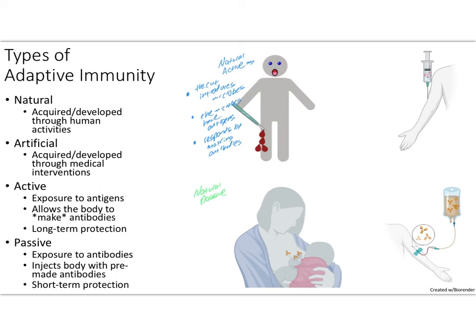So during natural passive immunity, either during fetal development or during breastfeeding, the mother's body makes antibodies and passes those antibodies off to the infant. So this differs from active immunity because in active immunity, the baby's body would be exposed to the antigen and respond by producing the antibody. Instead, in this case, it's the mother who has been exposed to the antigen and has produced the antibody and now is sending just the antibodies, not the antigen, to the baby.